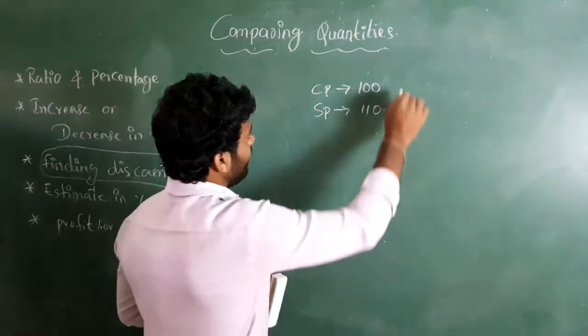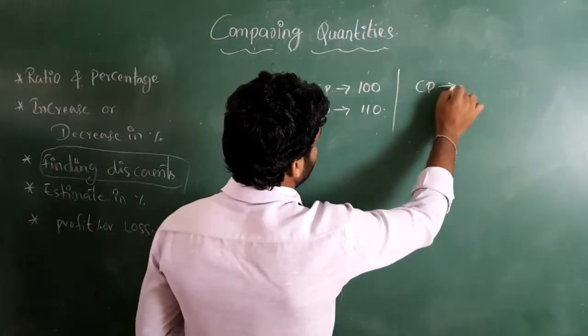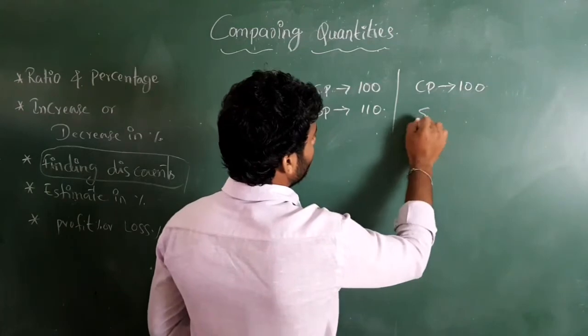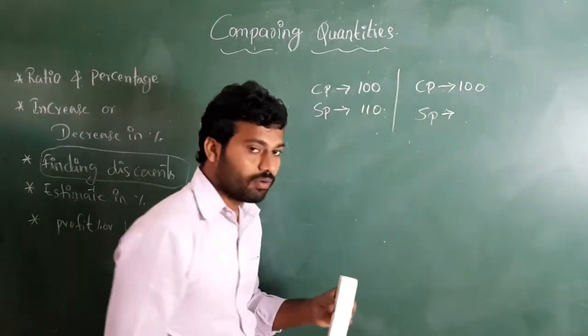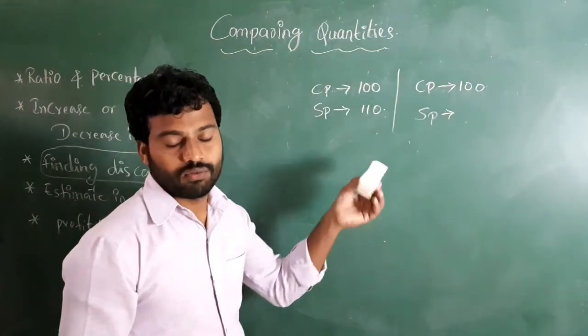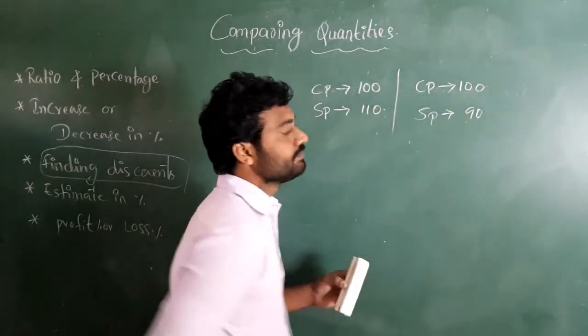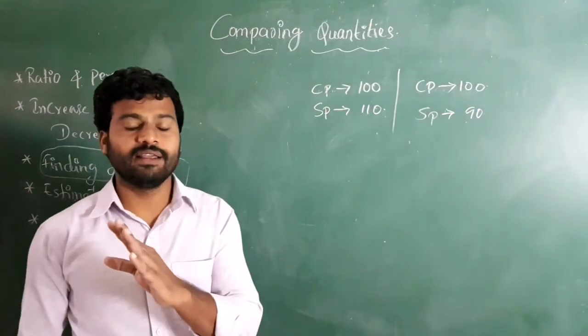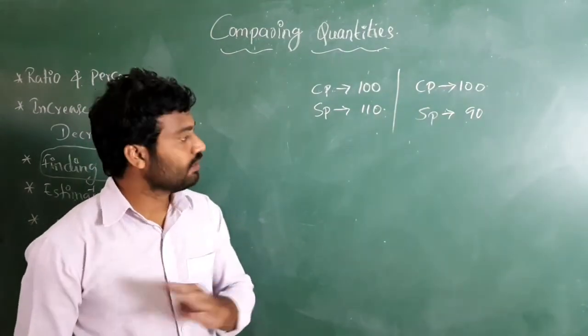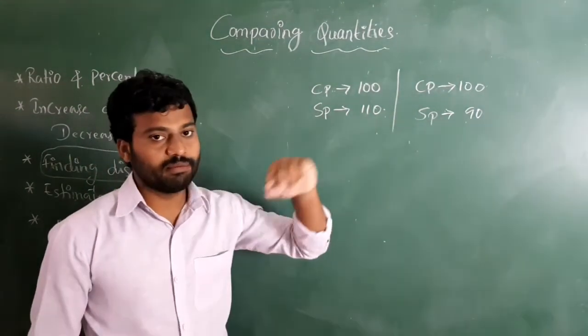Or say the cost price is 100 rupees, but due to COVID-19, no dusters are being used, so I sell it for 90 rupees. Clearly we can observe when we are getting loss and when we are getting profit.